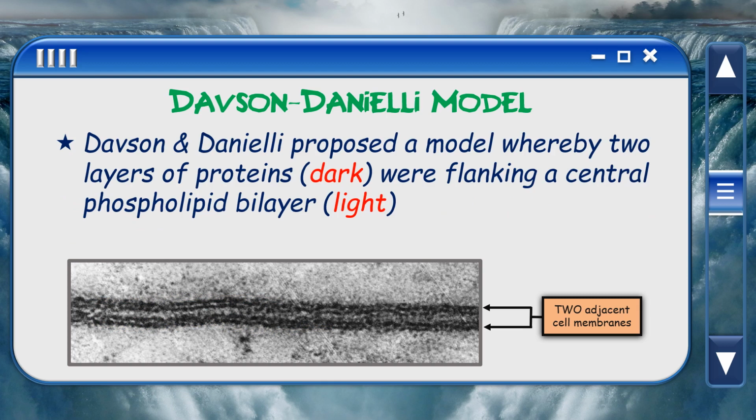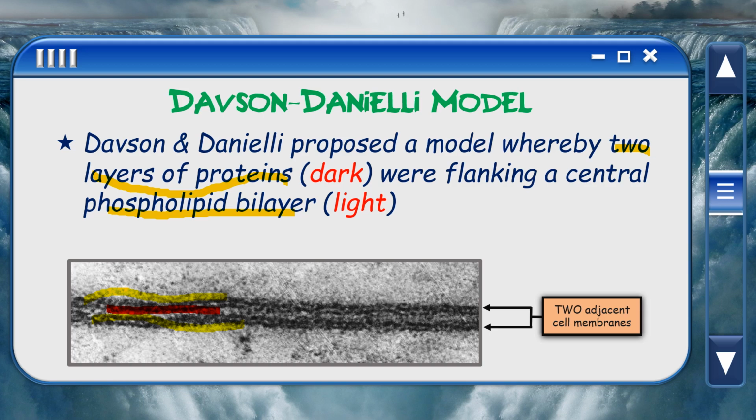Davson and Danielli proposed a model whereby two layers of proteins, which are the dark parts that we have seen, the outer part and the lower part, were flanking a central phospholipid layer, the one which we are looking at as the lighter part in the middle.